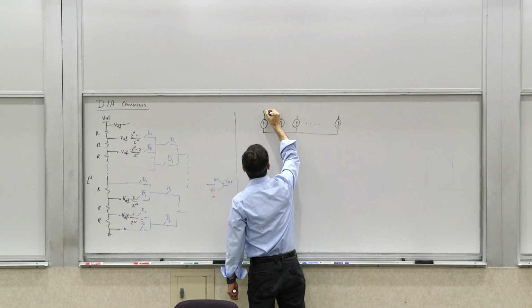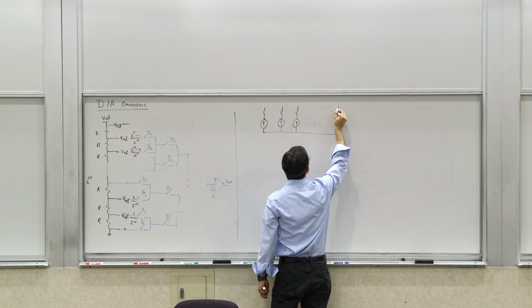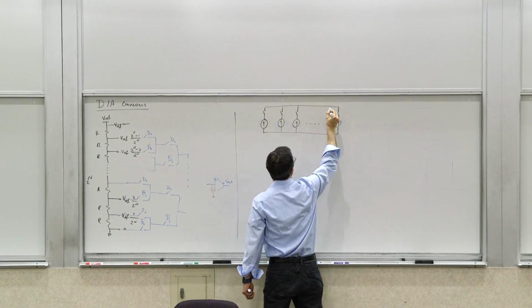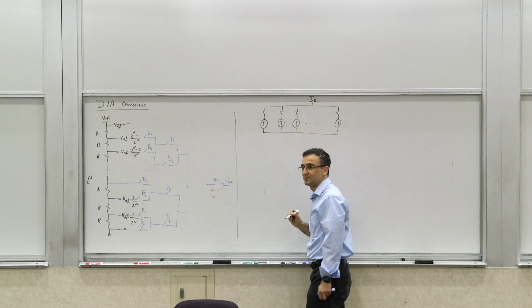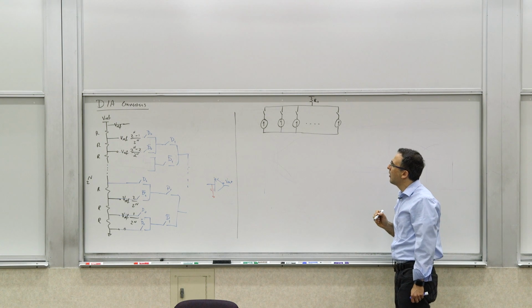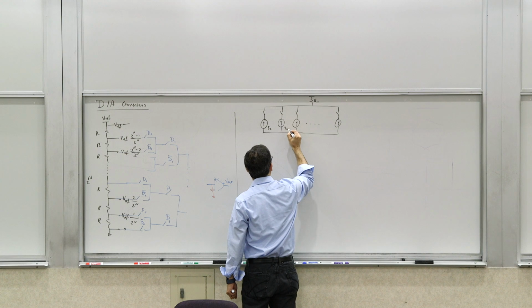And then you have switches attached to them. And then let's say you aggregate them and then put them into some sort of a resistor. Now, let's say all of these currents are like whatever, I0, I0.